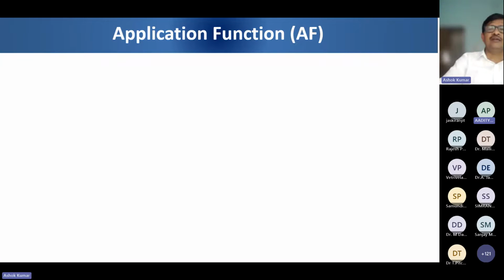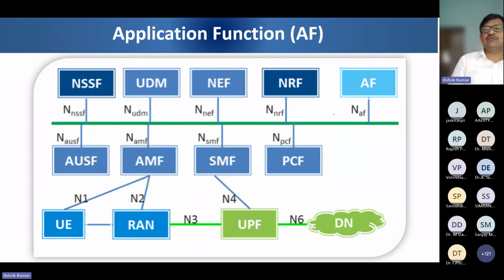The next network function I want to talk about is AF, application function. Basically, there will be 2 kinds of application. One is an application which the operator itself is hosting, so it will be part of the core network, on the same connectivity bus. But if it is a third-party application, then it has to connect through NEF.